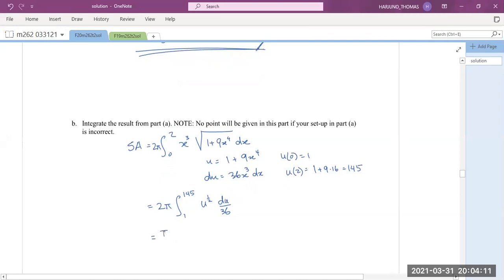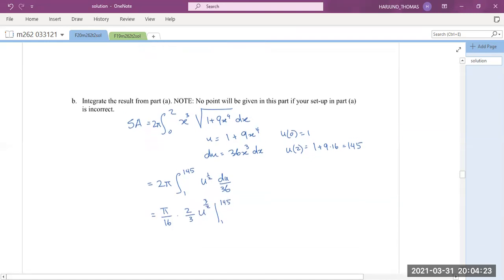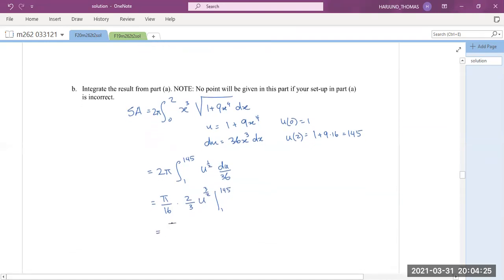That is pi over 18, 2 over 3 u to the power of 3/2 from 1 to 145. So that's pi over 24, 145 square root of 145 minus 1.